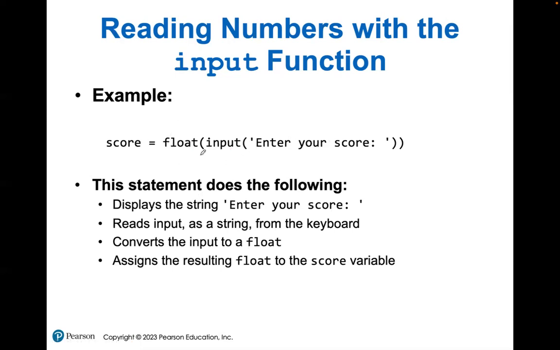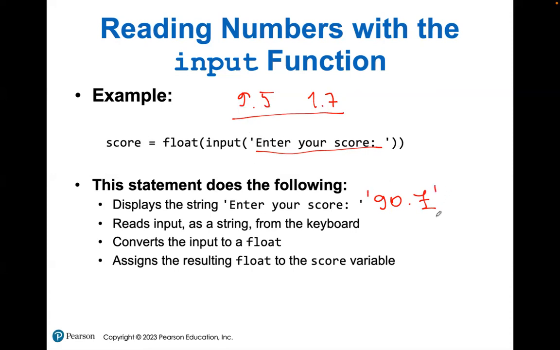Same idea with the float. Remember, float is all of the decimal numbers. So 9.5, 1.7, these are your float numbers. In this case, we're going to ask the user to enter your score. They're going to enter some sort of score, for example, 90.7. They're going to enter that score. We're going to store it first as a string.